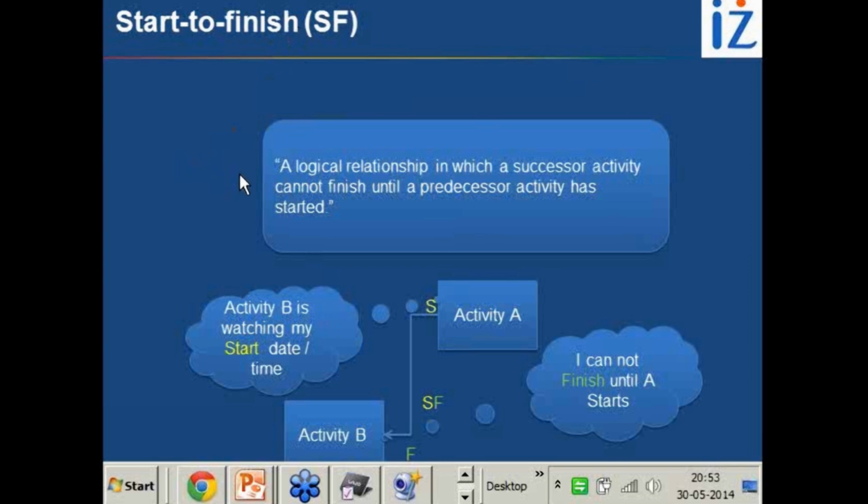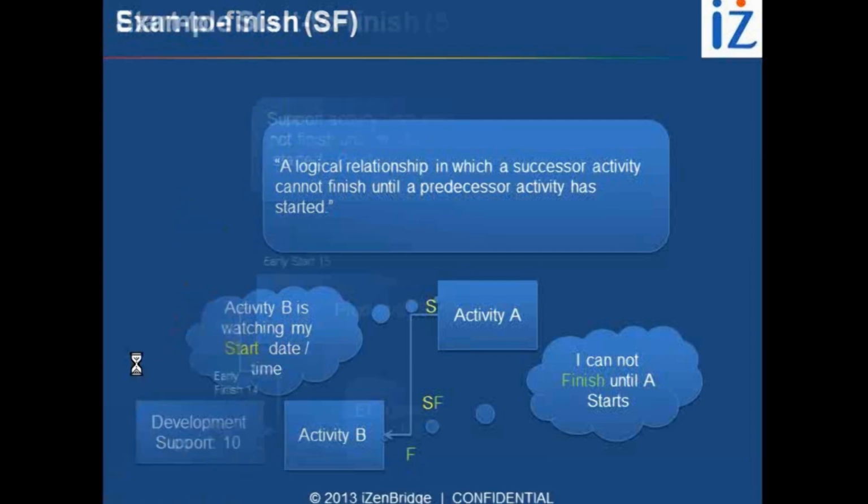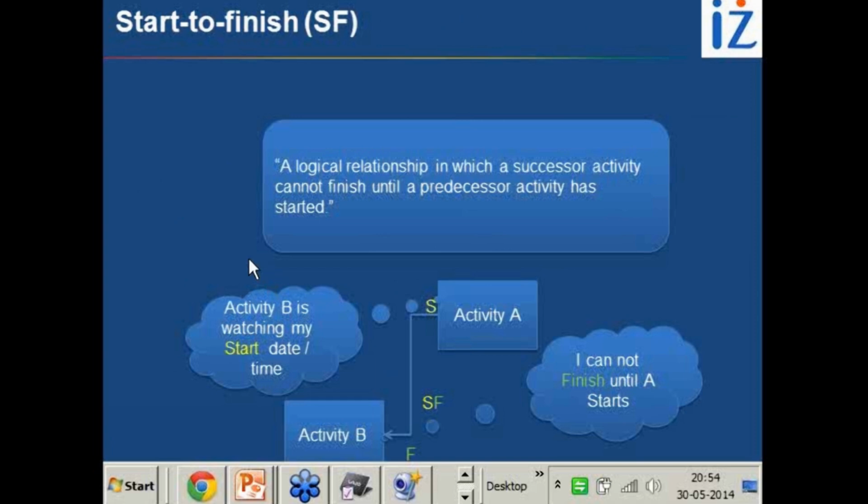Like I was talking about the relationship between, say, user manual and brochure. So you may have some lead and lag there. Okay, is there any follow-up query on this particular concept? It is saying that I am confused about the slide, because it says SF means activity A cannot start.